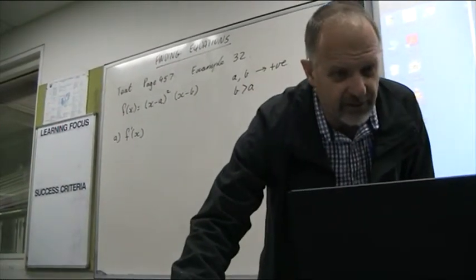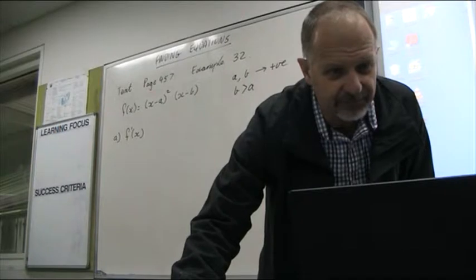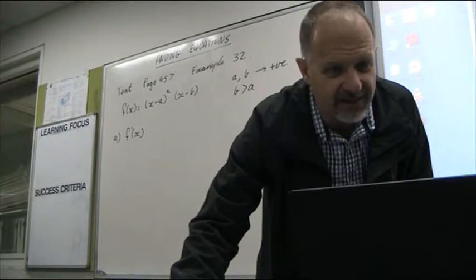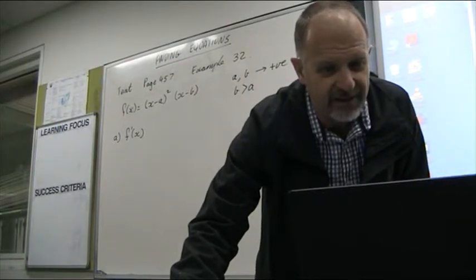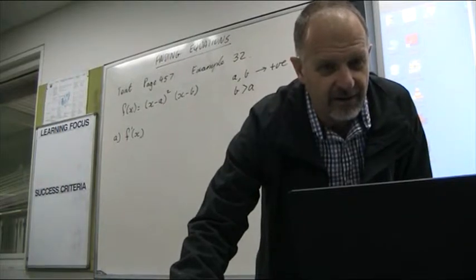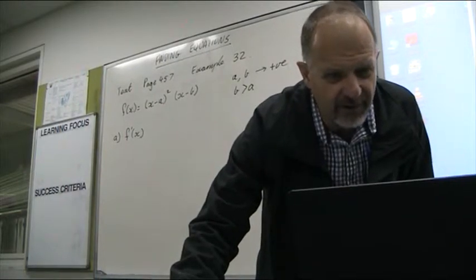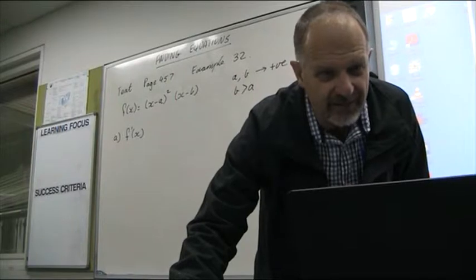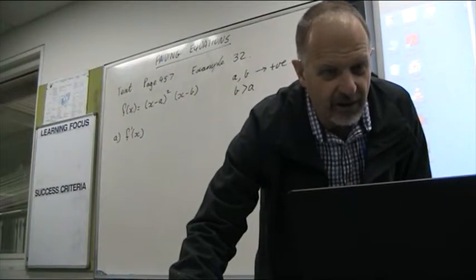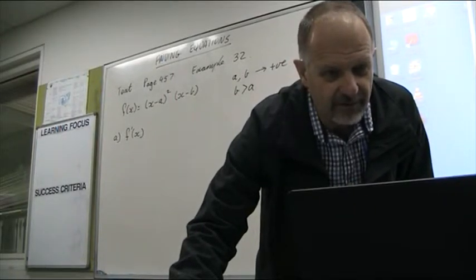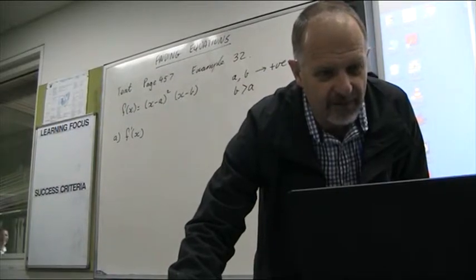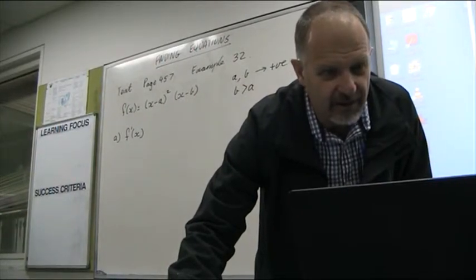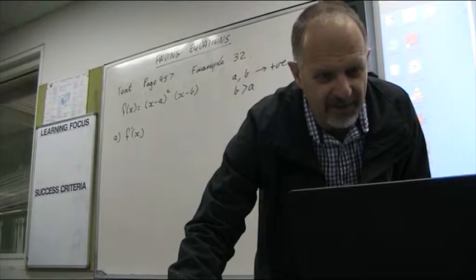So the function is a bracket, and it's x minus a, so we just go to the ABCs and use a. It's a QWERTY keyboard. There's a. Oops, wrong one. Close the bracket, squared, and then the next bracket is x minus b.